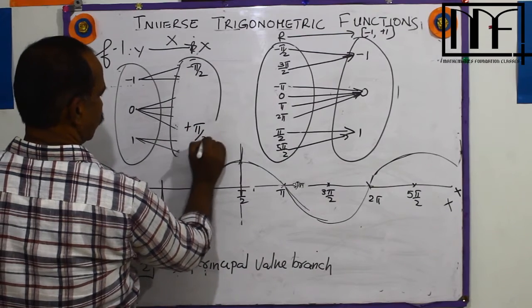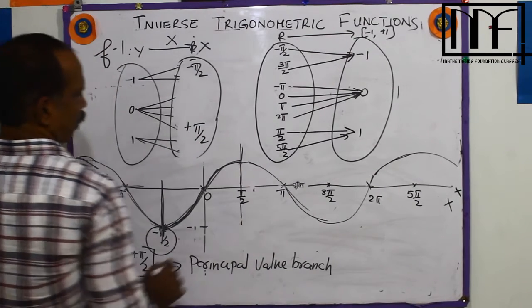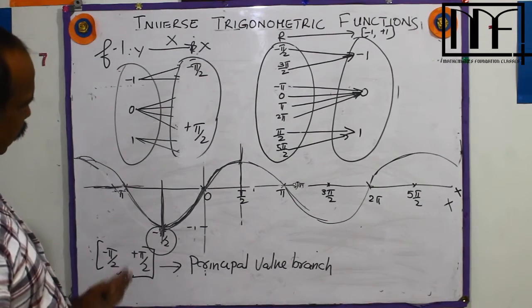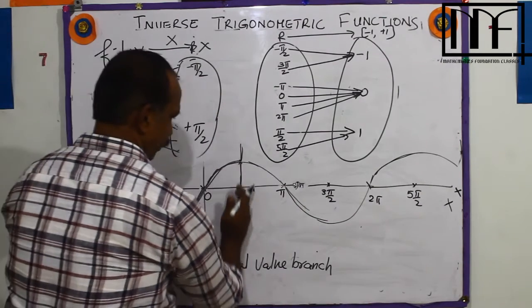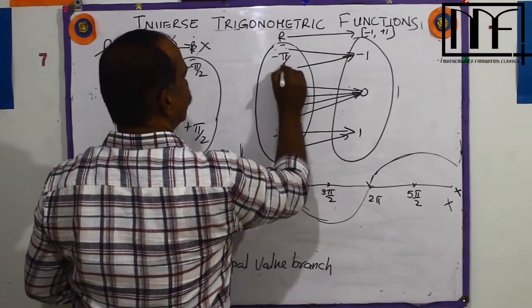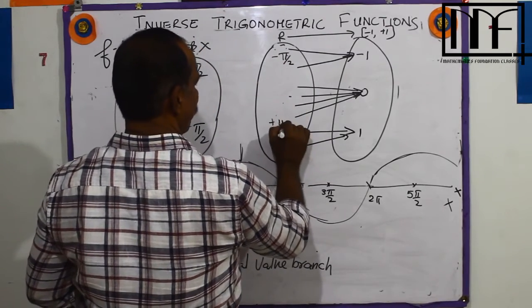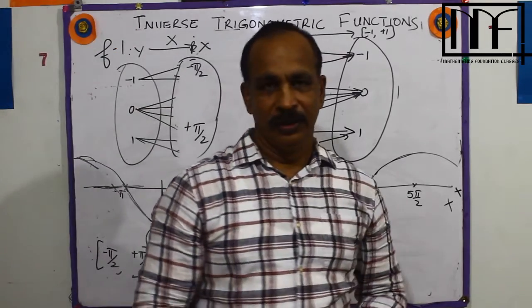The value is between negative pi by 2 to positive pi by 2. This will be the domain of the sine function. Only if you restrict the domain here, between negative pi by 2 to positive pi by 2, can we find an inverse function.